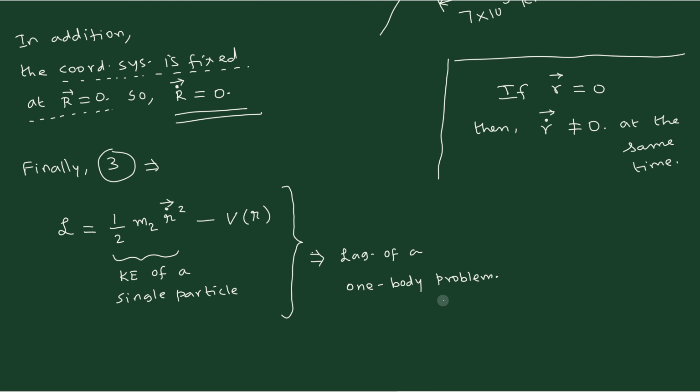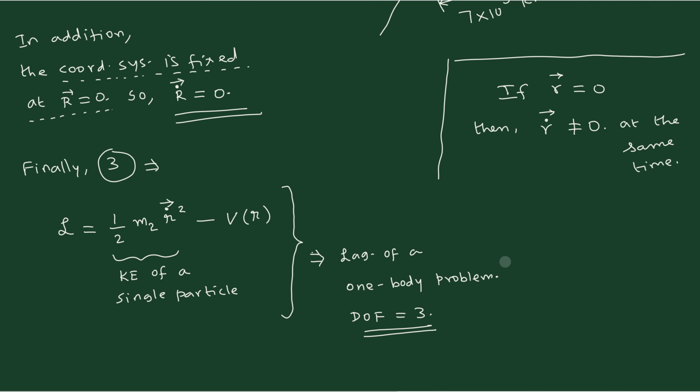So what happened finally? We started with the two body problem, right? Two lectures before, we started with the two body problem, and now we have a one body problem with number of degrees of freedom. Let me write that down for clarity. Number of degrees of freedom, still we have 3 only. So our conclusion is that a two body problem has come down to a one body problem with the number of degrees of freedom equal to 3.